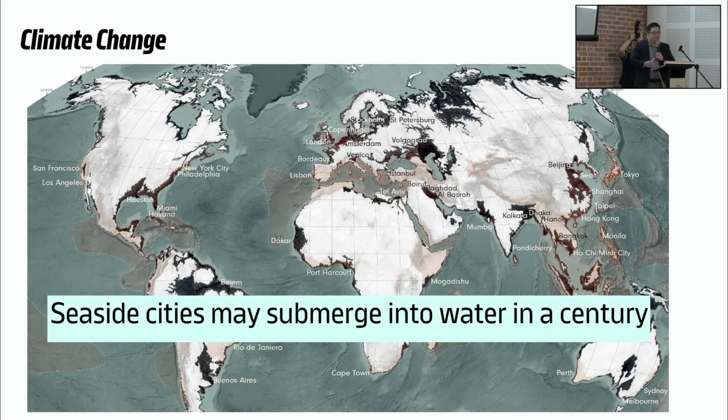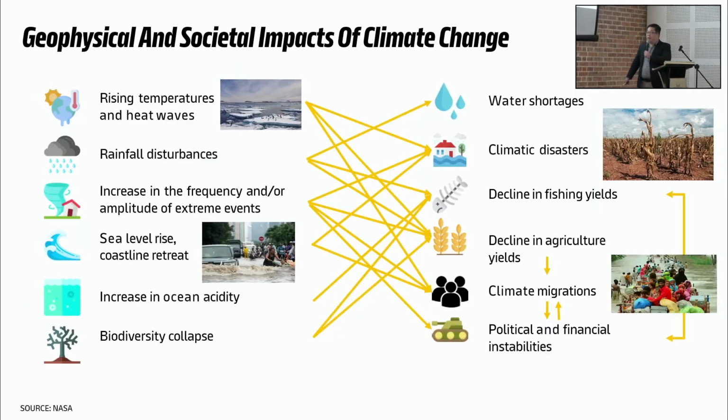Now, when the Earth's sea level rises because of the melting of the Antarctic ice and all that, seaside cities may submerge into water, including KL, places like Bangkok, Singapore, Jakarta, it may be submerged in one day if we do not do something about it. Other geophysical and societal impacts include rising temperatures, heat waves, abnormal rainfall, typhoons that we have been experiencing in our neighboring countries nowadays, right? An increase in the frequency and the amplitude of extreme events.